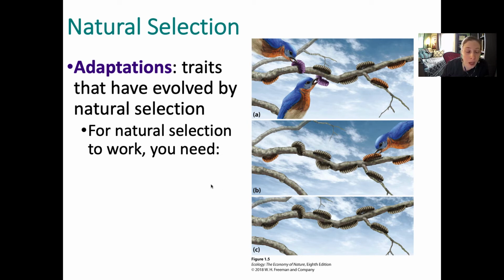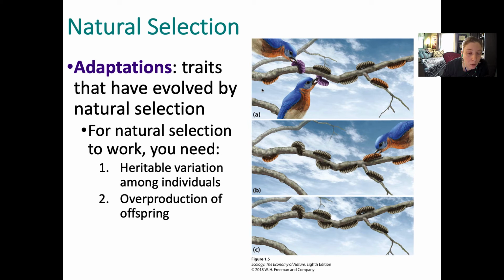And so for natural selection to work, you need heritable variation. So you need this color that these caterpillars have to be heritable so they can pass it on to their offspring. Then you need there to be way more offspring than could possibly survive given the resources in the environment. And so some of them die, right? Some of them don't make it.